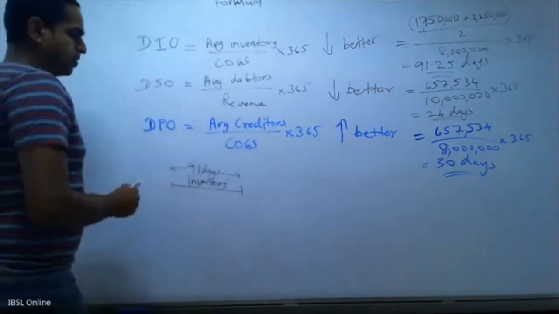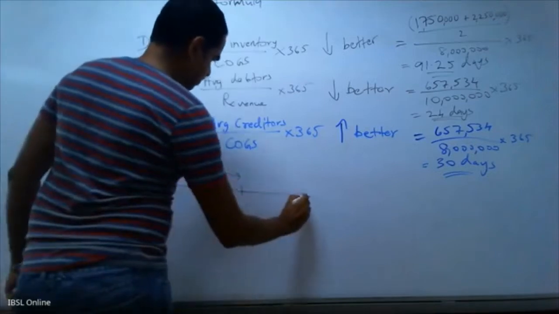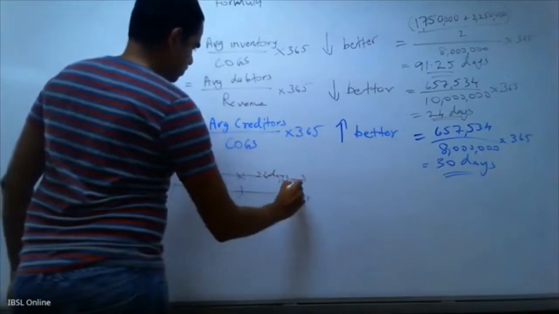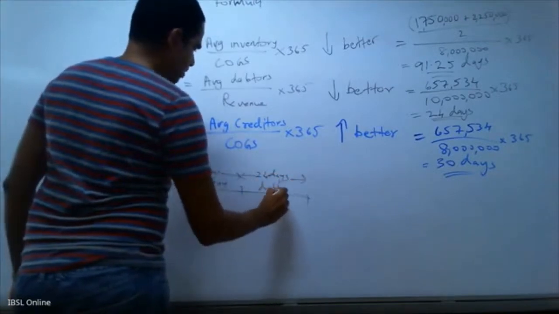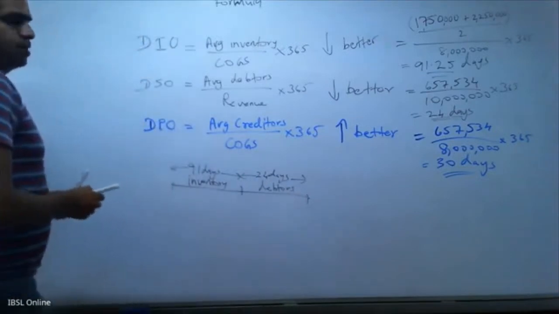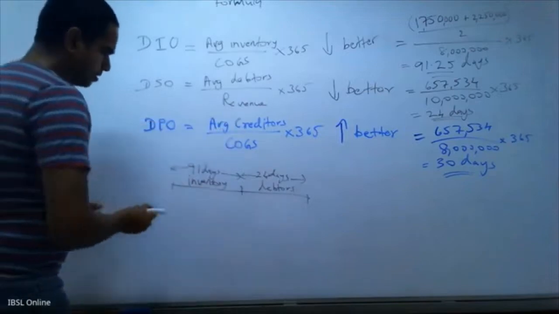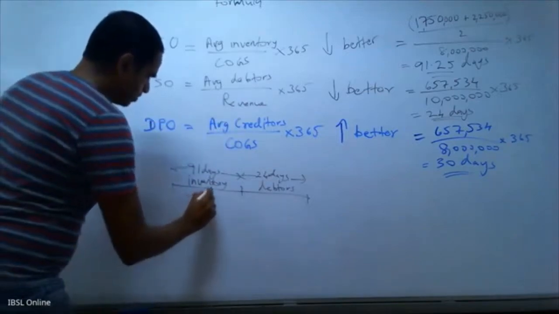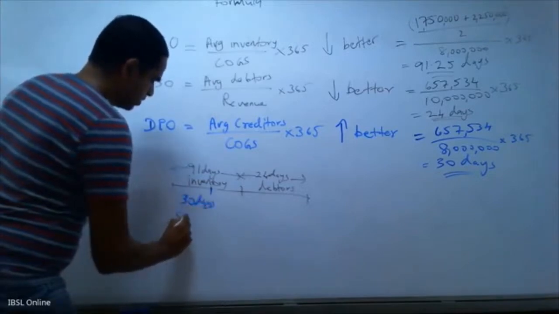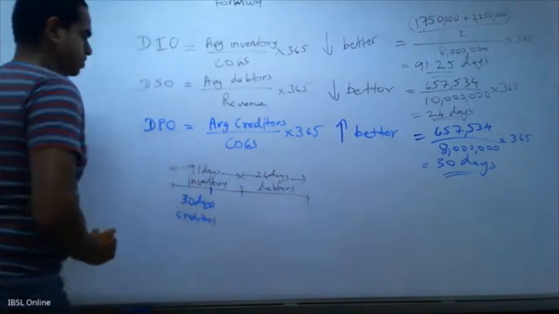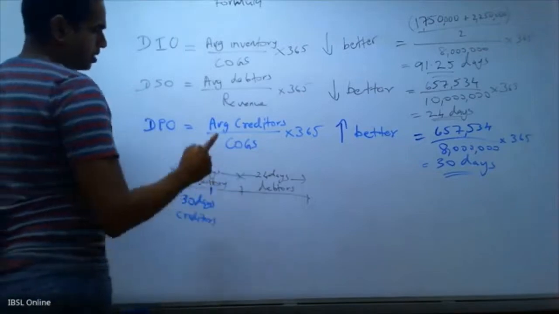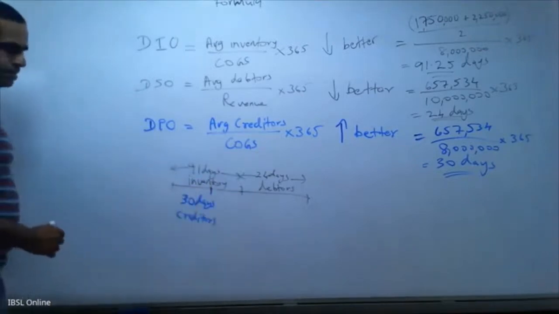Right? And then you're giving 24 days of credit on top. So debtors take 24 days to settle you. And you're getting 30 days from your creditors. Okay. So this is 91 plus 24 is 115 minus 30 is about 85 days.